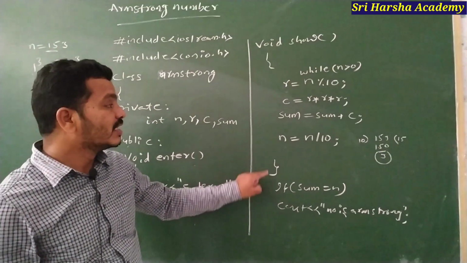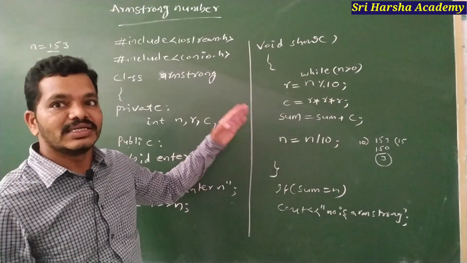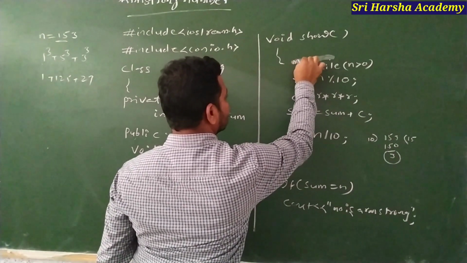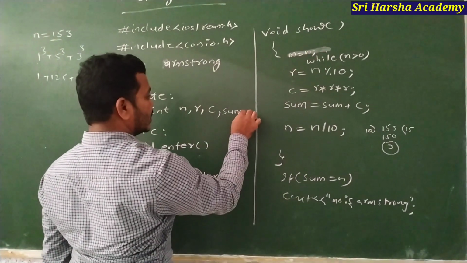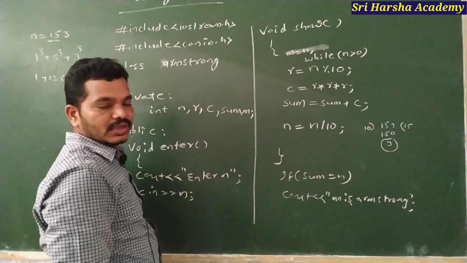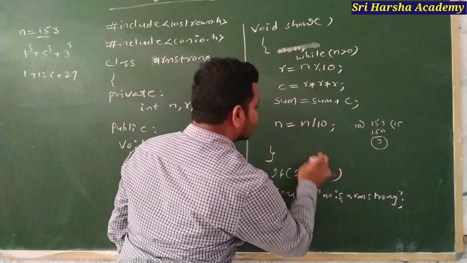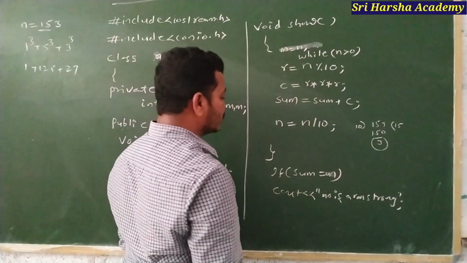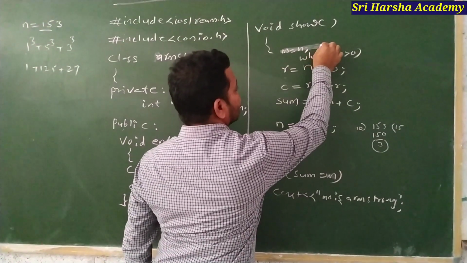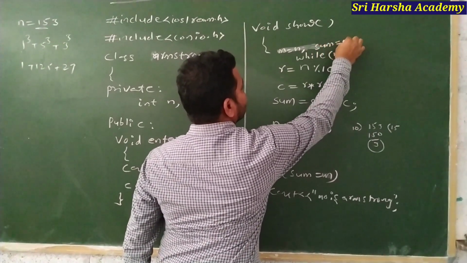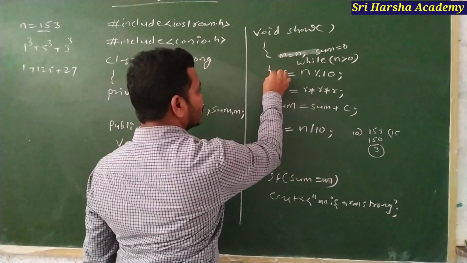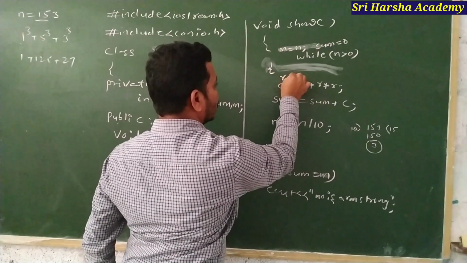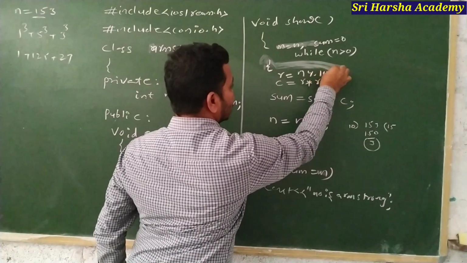Since we keep changing the n value and finally get n as 0, that n value is assigned to some other variable, that is m is equals to n. So we declare m here also. Then we check the sum value with the m value. Sum is initially assigned 0, then start the loop: r is equals to n modulus 10.